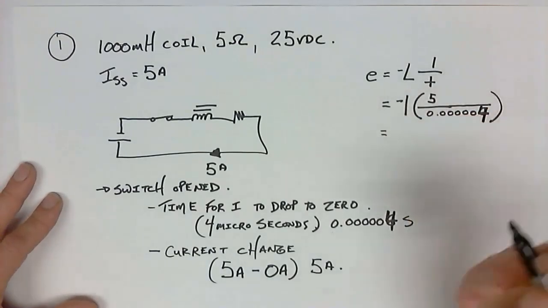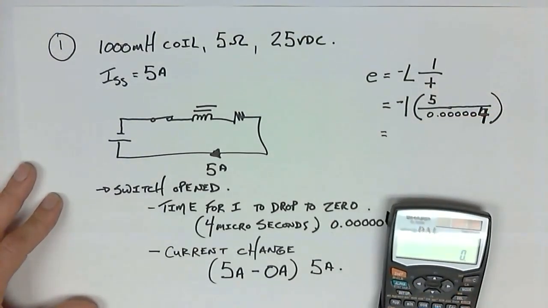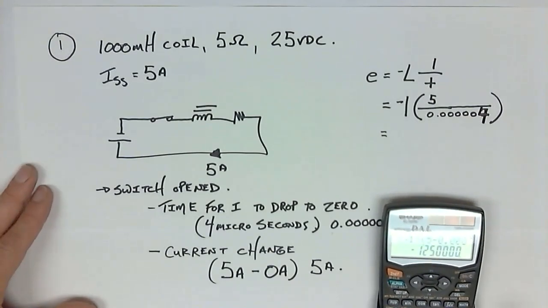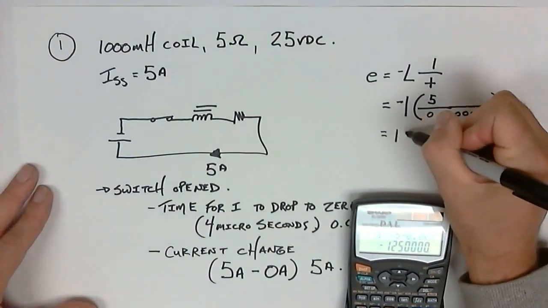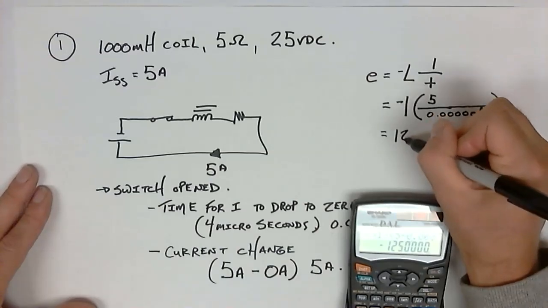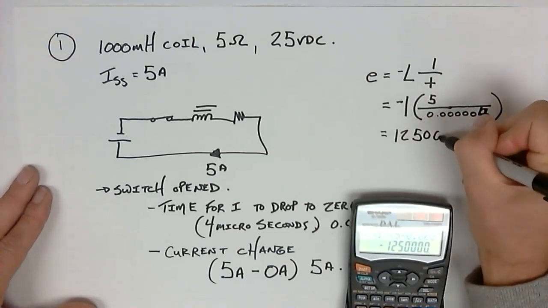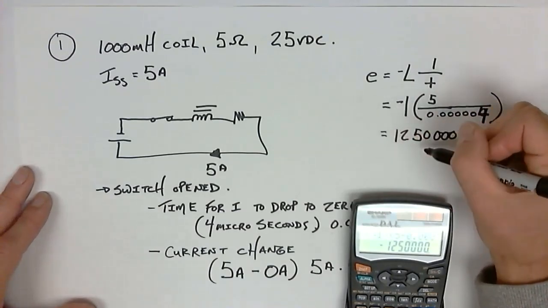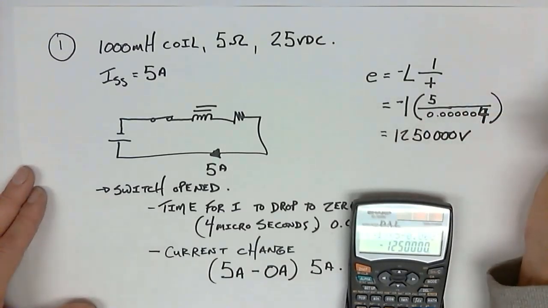So finally, when I enter that into my calculator, I'm going to put in negative 1, bracket, 5 divided by 0.000004, close bracket, equals. And what we end up with is a massive number, 1.25 million volts.